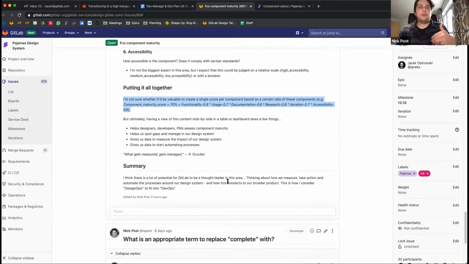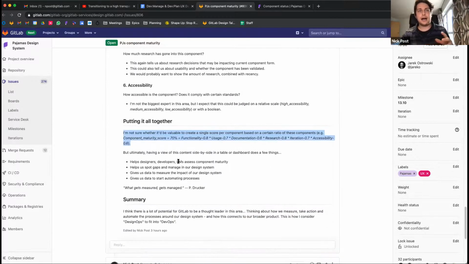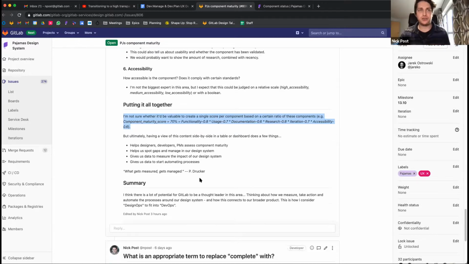But ultimately, what I think is important is breaking down what we define as maturity within our components, such as these things. And then thinking about how we can better track these different dimensions in order to better inform our decision making.